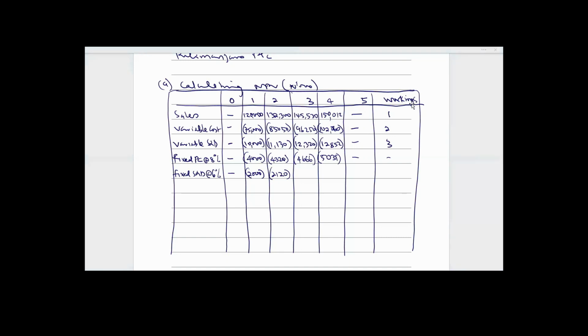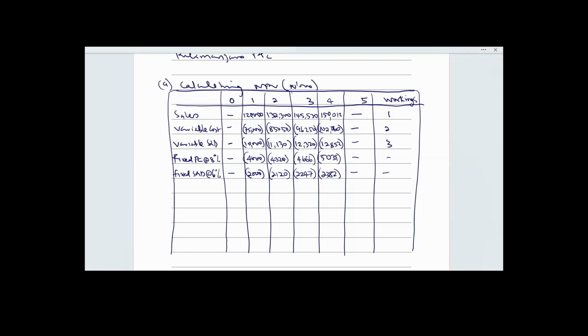Next, 2,120 multiplied by 1.06 equals 2,247. What you have in your calculator, multiply by 1.06 equals 2,382. I'm done with that.